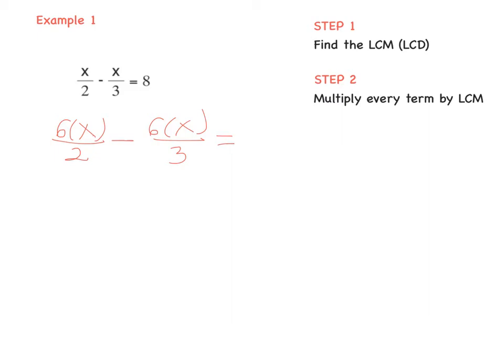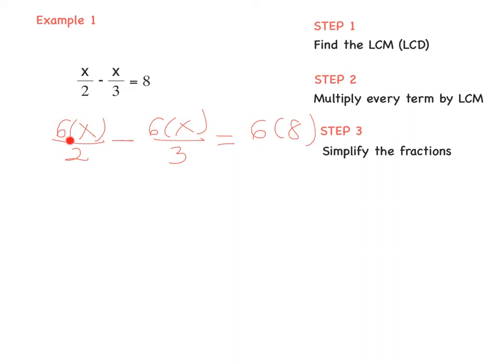As you can notice, we are following the equation all the time. Once we have it, we go to step 3, simplifying the fractions. So we have 6 multiplied by x all over 2, and 6 multiplied by x all over 3, and 6 multiplied by 8. First of all, we need to get rid of the fractions and simplify them.